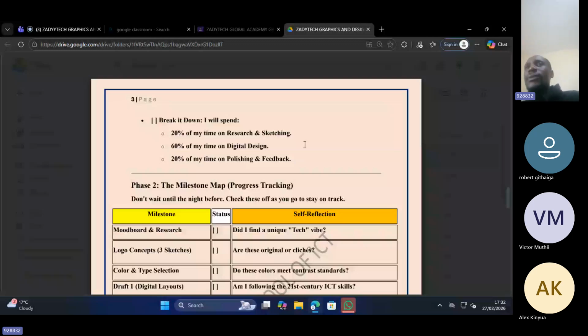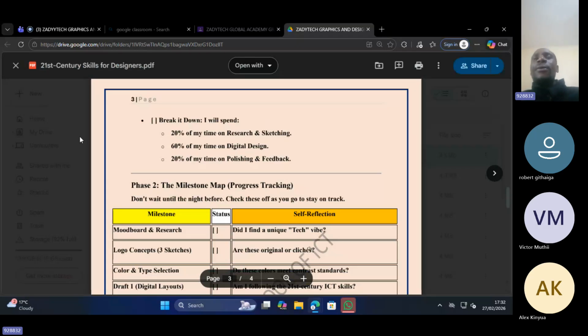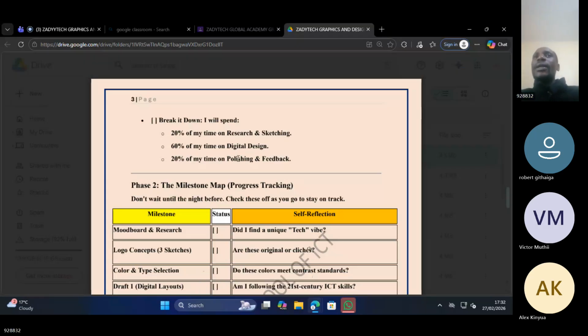Then 20% of my time on polishing and feedback. Remember that we have that part of feedback. Yes, collaboration, where you get feedback from your colleagues, maybe, or from your client, your employer, whoever you are working for. They give feedback, like will you mind adjusting this color to this?